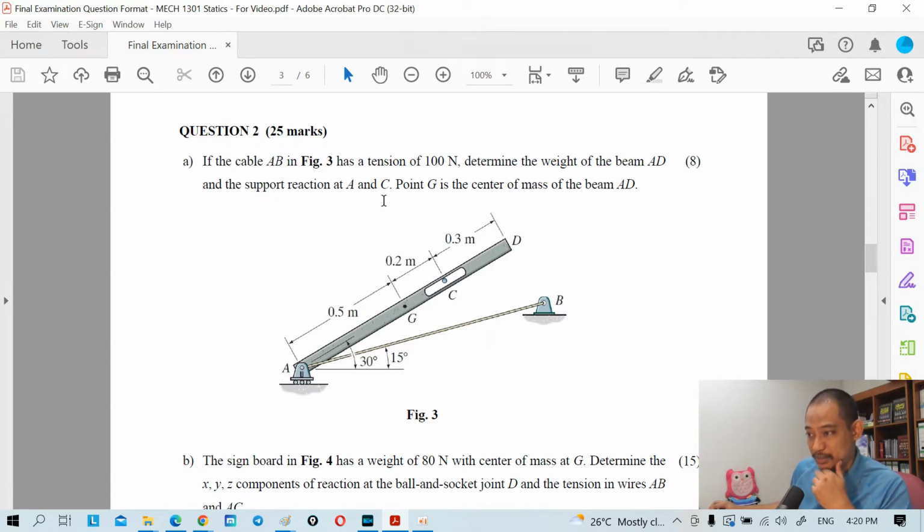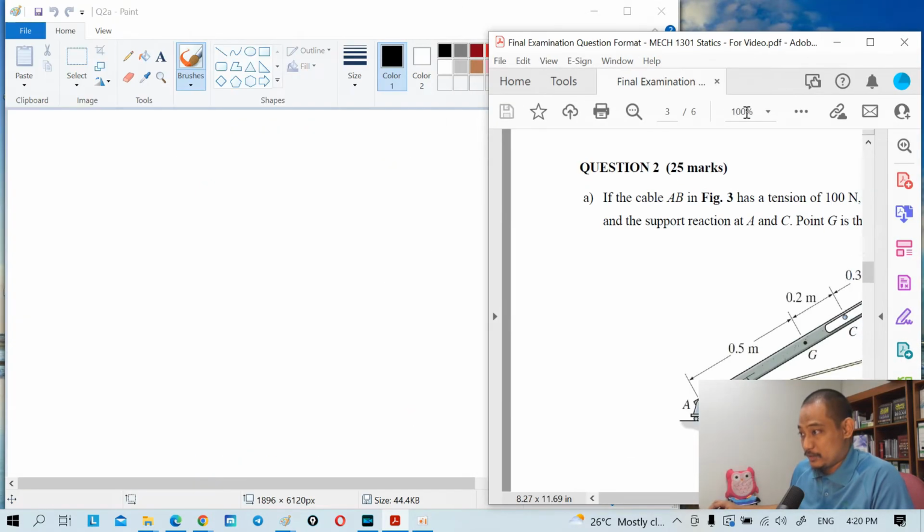And determine the support at A, so we have this roller, and at C we have this, what do you call this? I don't know what you call this, but it should be a normal reaction, right? Because you have a slot and a pin, so it cannot move in this direction. It is free to slide there, up and down, right? Point G is the center of mass for the beam. Alright, so that's the question.